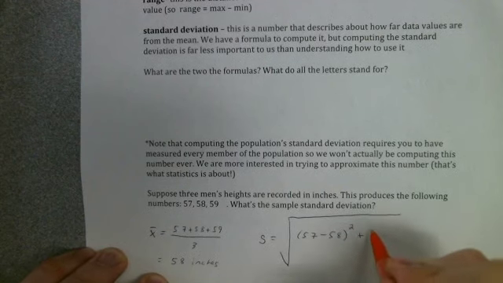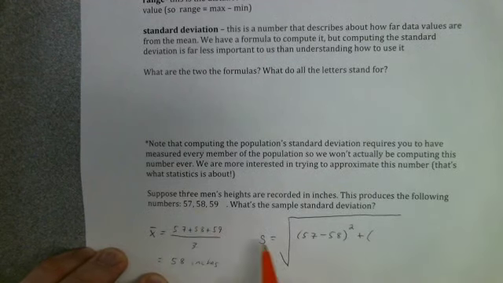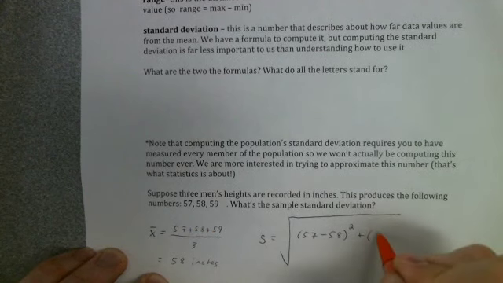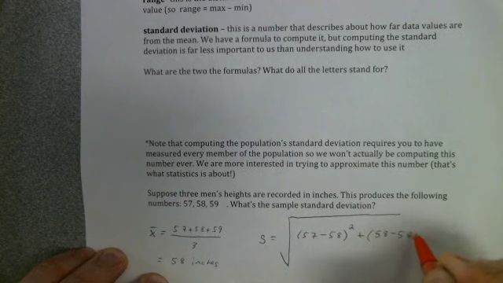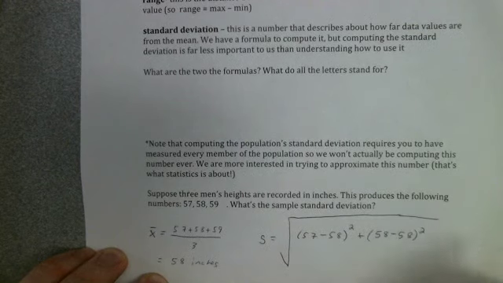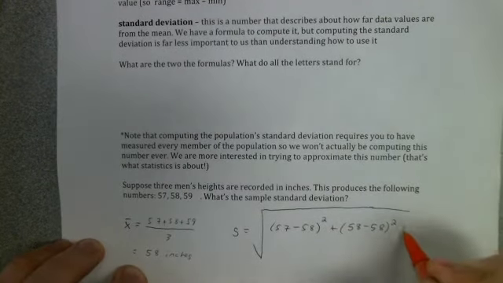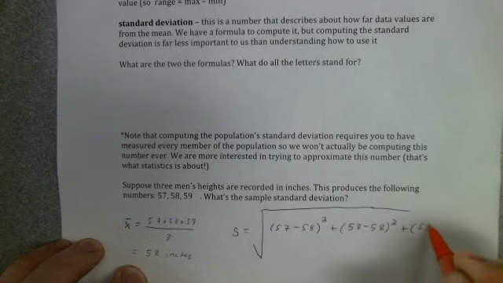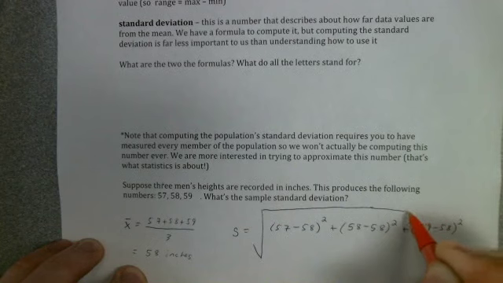Then we move on to our next data value, which is 58. So we do 58 minus the mean, 58, square it. Then we take the next data value, which is 59. So we do 59 minus 58, then we square it.